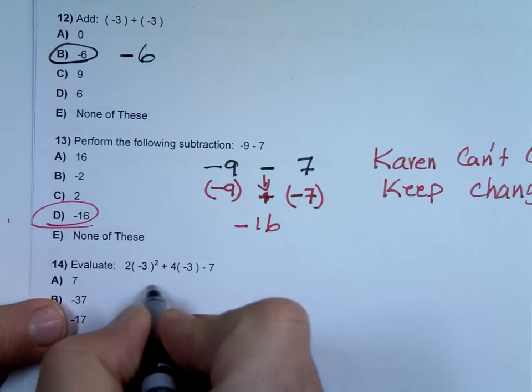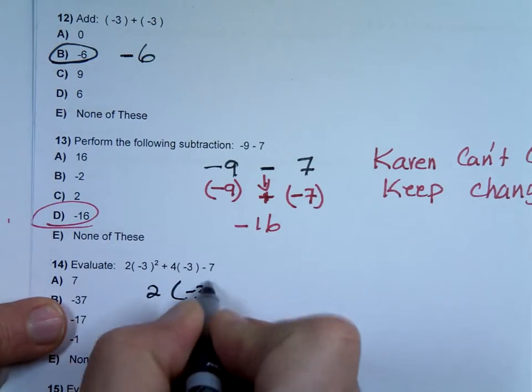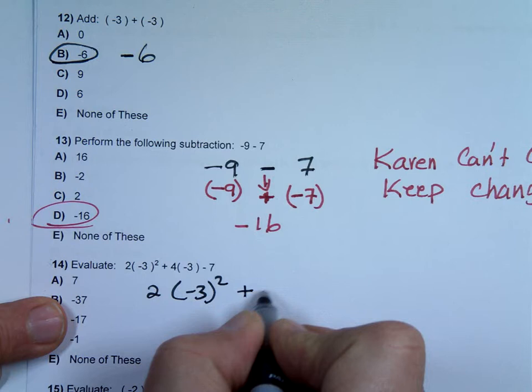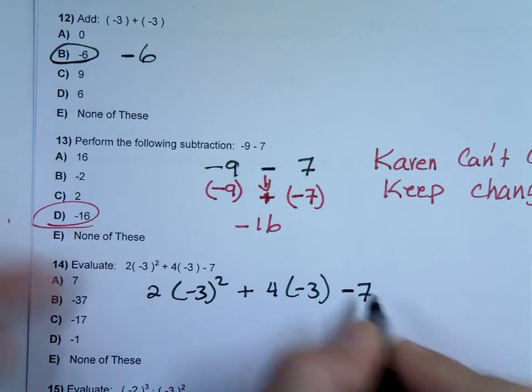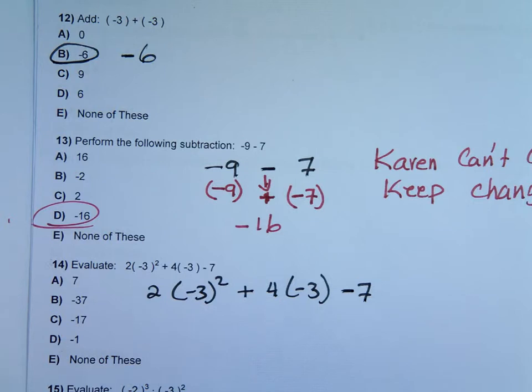Two times negative 3 squared plus 4 times negative 3 minus 7. Order of operations, PEMDAS.